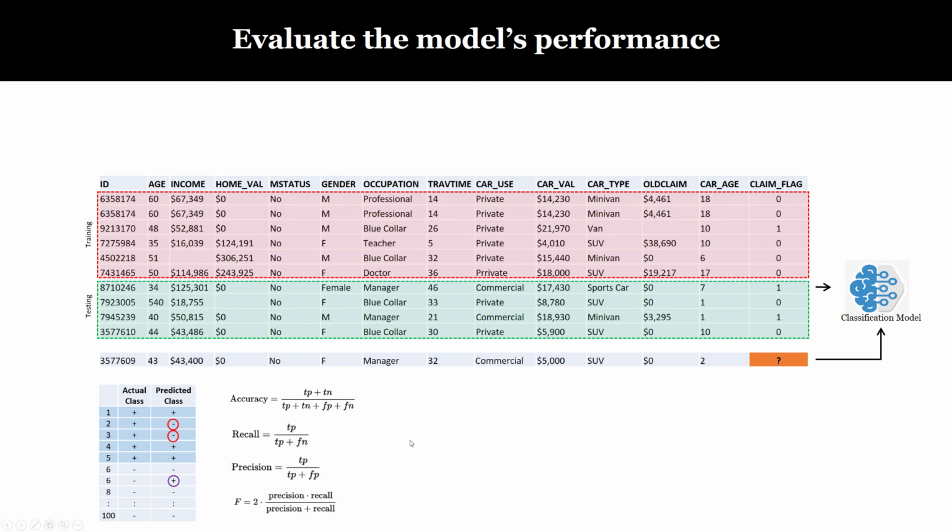And if you see here, for recall, we're again taking the true positives, divided by the true positive plus the false negative. So that means basically I'm looking at this class here for the recall. And similarly for the precision. In this case, we're taking the false positive into consideration, not just the false negative.